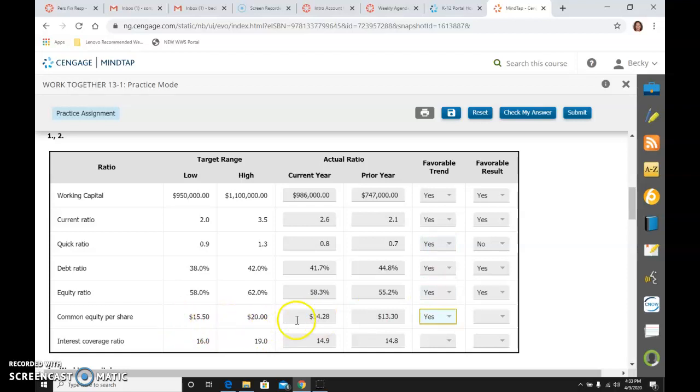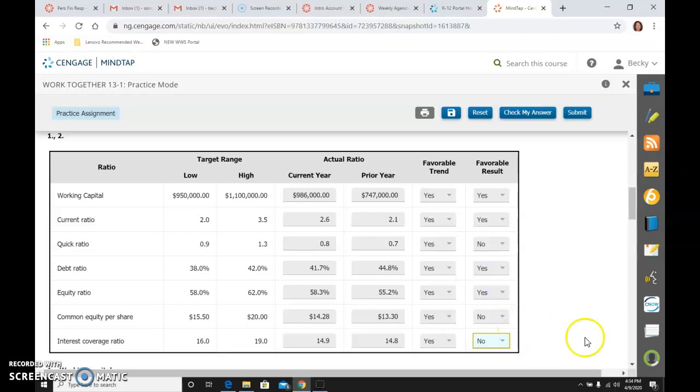Is it in our range? We want 1550 to that. No, not a good thing. Not strong enough. And then finally, the interest coverage ratio went from 14.8 to 14.9. That is a good thing. I'm covering interest better. But am I in the range? No, that is not a good thing.